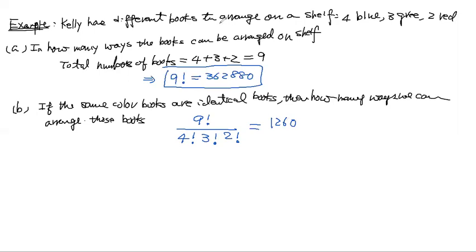Okay, so now the next question, that is the interesting one. Our next question is here. The same color books are not identical. Okay, so right now, even though we have 4 blue books, they might be different books.